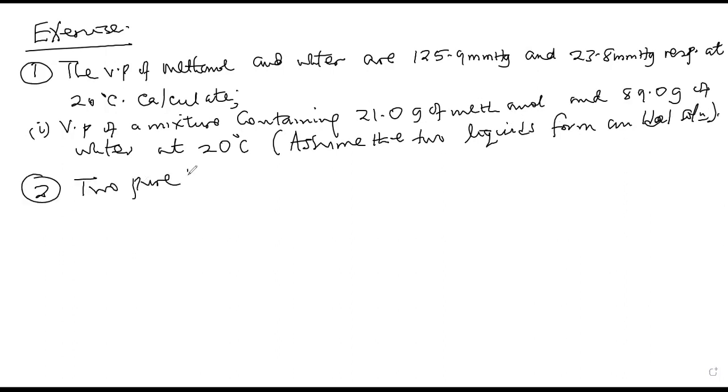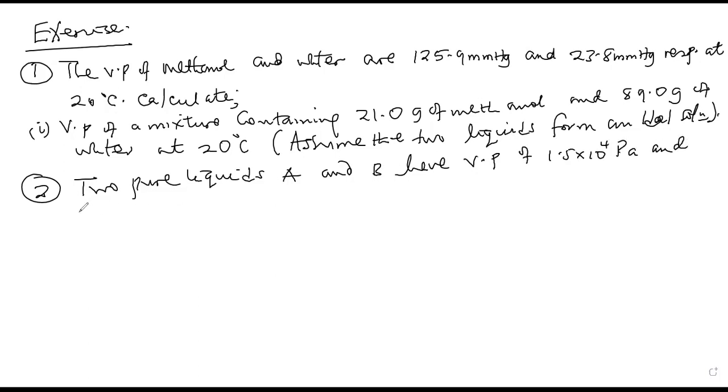2. Two pure liquids, A and B, have vapor pressure of 1.5 times 10 to the power 4 pascals and 3.5 times 10 to the power 4 pascals, respectively, at 20 degrees Celsius.